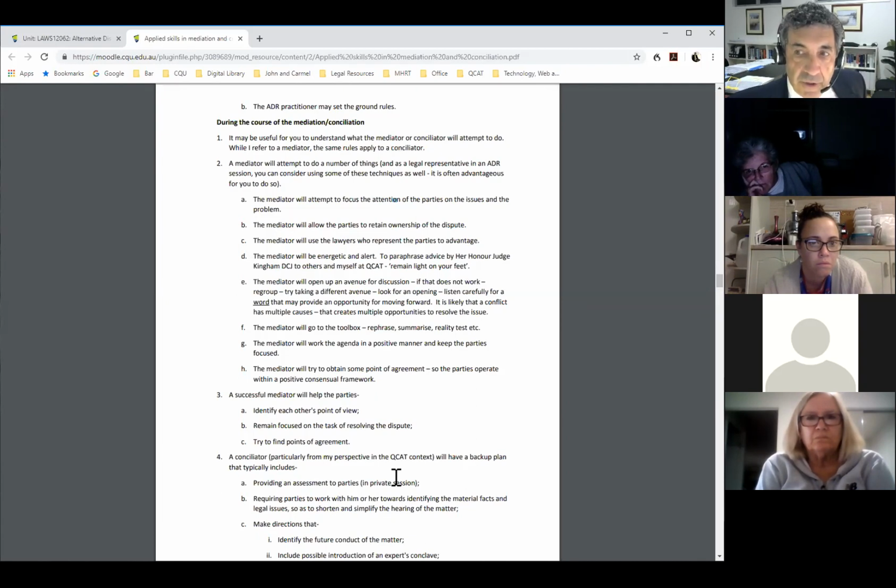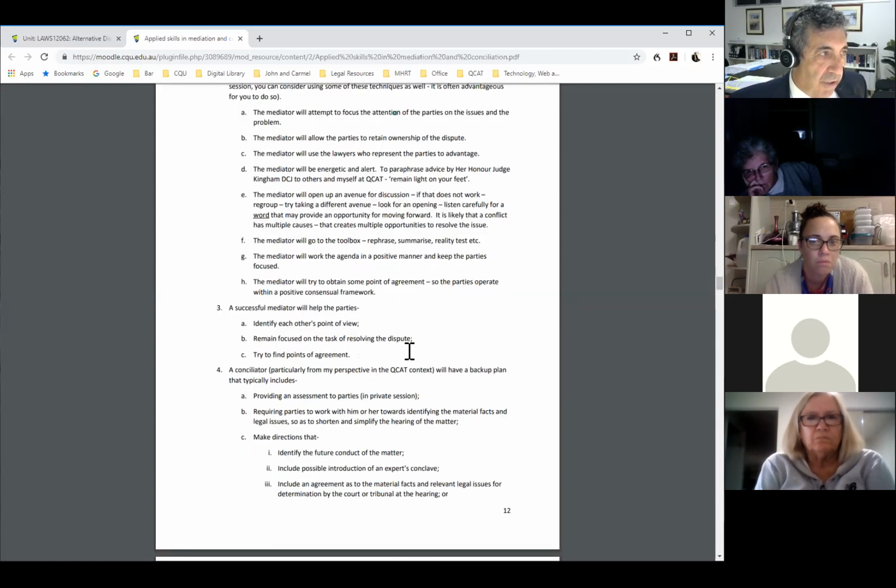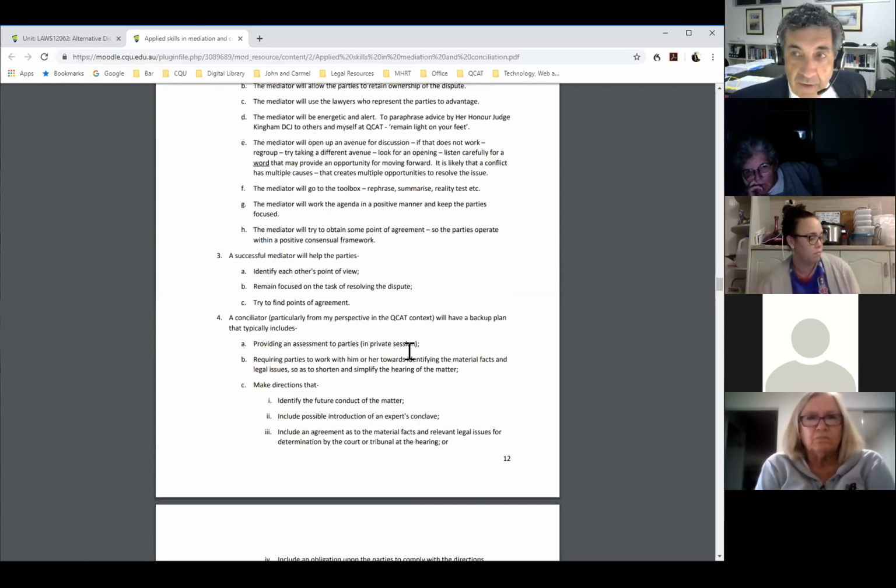So when you're doing your first assessment, you need to be really working hard, active listening, and Judge Kingham said, remain light on your feet as a mediator. So not slow and ponderous, but energetic and alert is a very good way of approaching it.